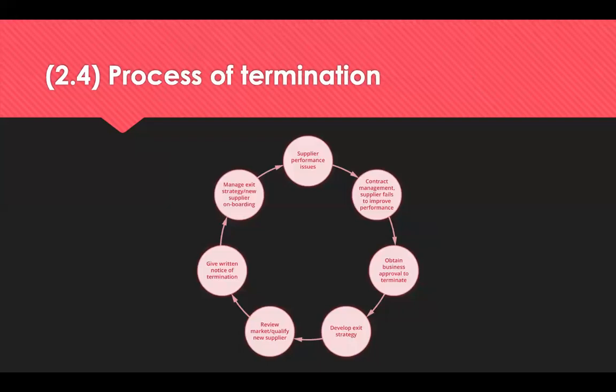Now, the process for terminating contracts you can see on the screen. So if poor performance has been identified, the supplier should be given an opportunity to rectify the problem. If there's no improvement after that, the buyer will have to start the termination process. So liaise with the stakeholders to identify any possible financial and operational threats to the business of terminating the contract.